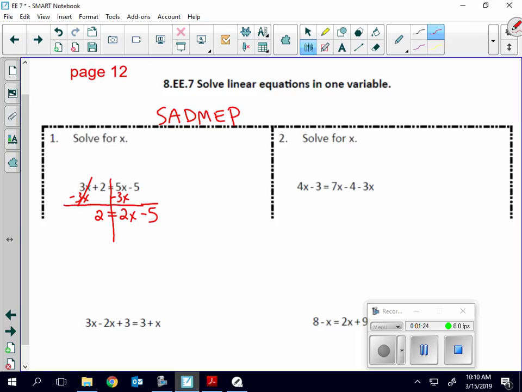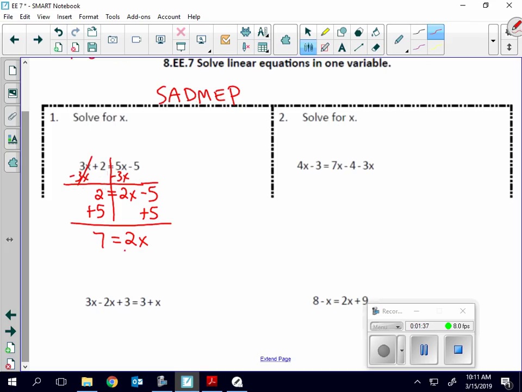So then I'm going to add 5 to get rid of it, opposite operation. Add 5 to the other side. So 7 equals 2x. And then I am going to divide by 2 to undo my multiplication of 2. So x will equal 3.5.